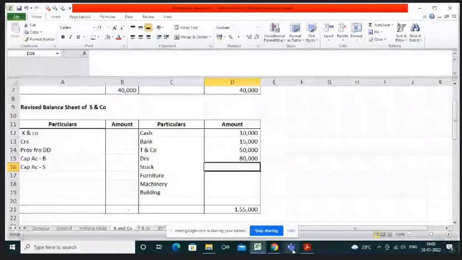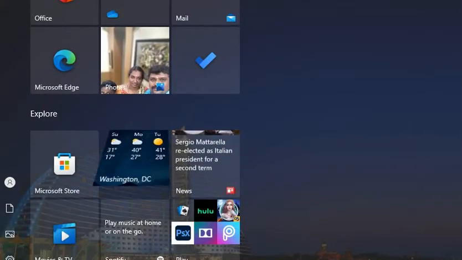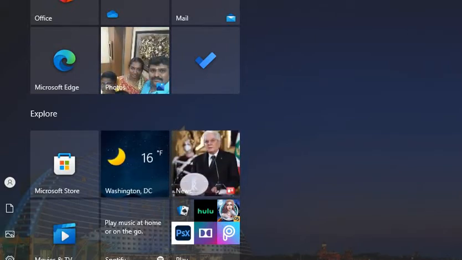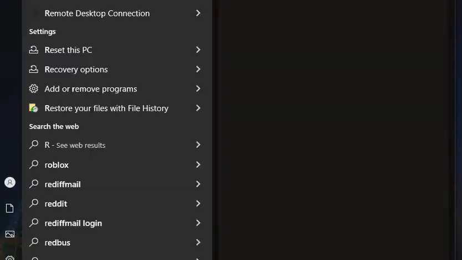And debtors, I have other debtors of 80,000. Stock 60,000.